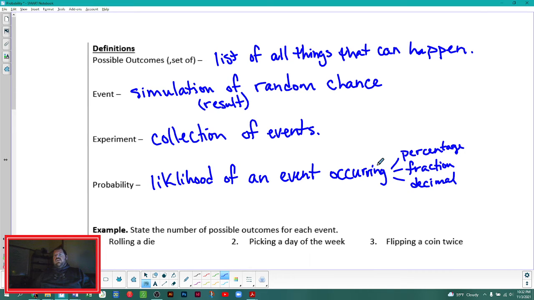The reason I don't really like percentages or decimals is 1 divided by 6 is like 0.166666 repeating forever. Okay? That becomes a pain to write and to do operations with, adding, multiplying, those kind of things. I'm going to prefer fractions. Okay? And I'm going to get you to prefer them as well, even if it hurts.